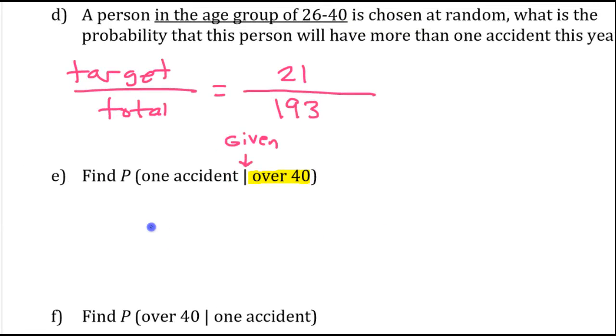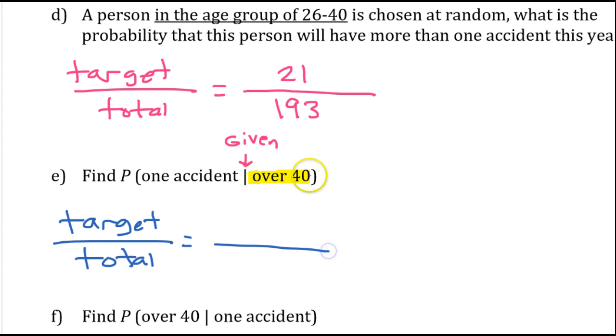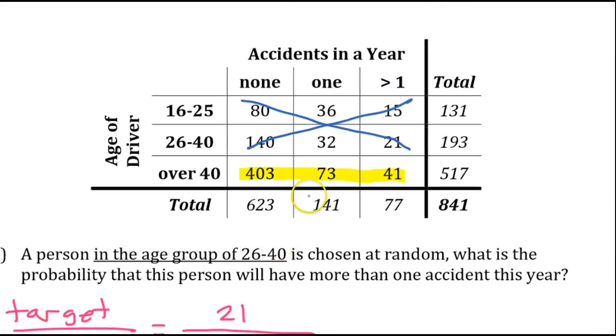So we're going to do target over total, because that's how you always do probability. But there will be a new total, because we crossed a bunch of stuff out because of the given. So the new total is 517.